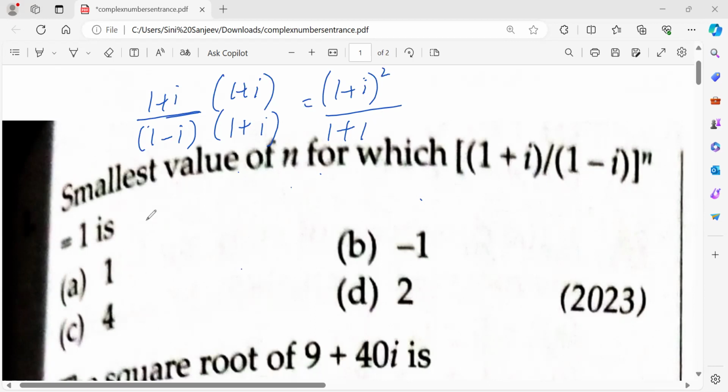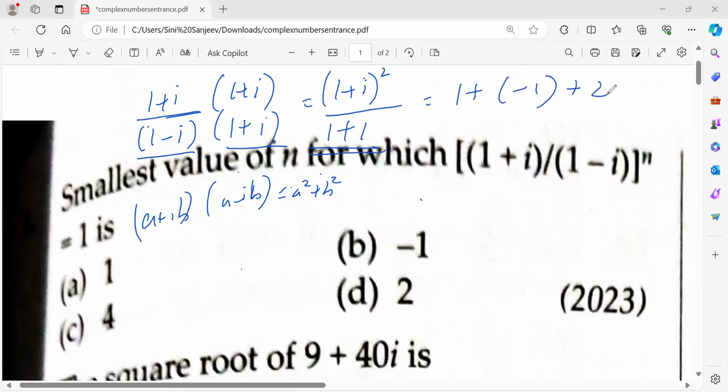This is basically a plus ib into a minus ib is equal to a square plus b square. Normally a plus b into a minus b is a square minus b square, right? But i square is minus 1, so that's the reason it is 1 plus 1 here. 1 plus 1 is 2. Expand this top: 1 plus, what is i square value? Minus 1, plus 2i by 2.